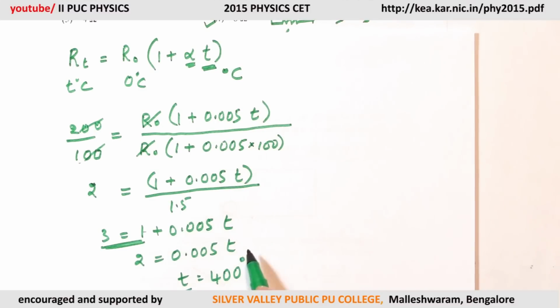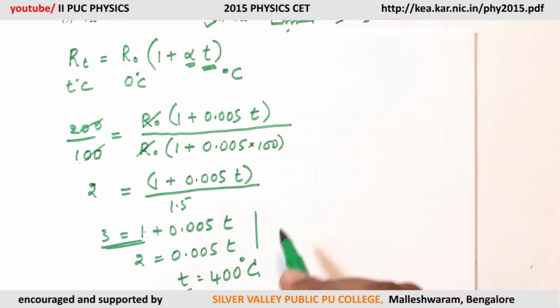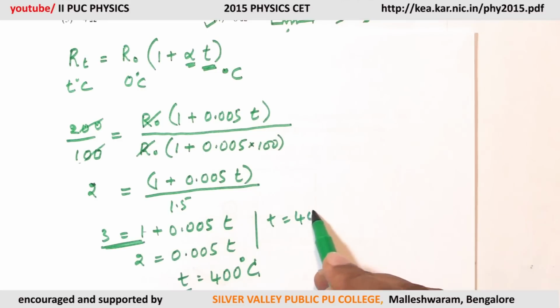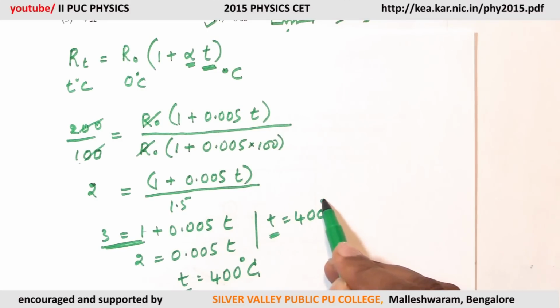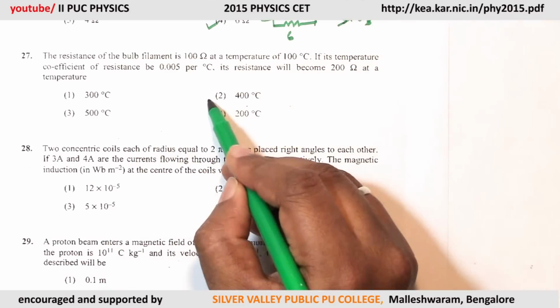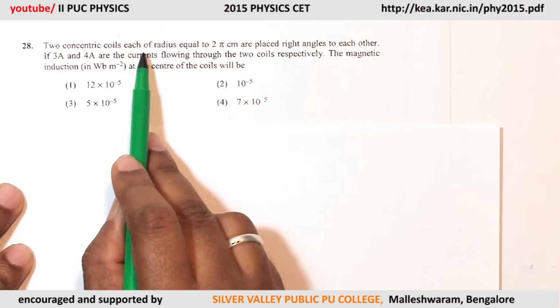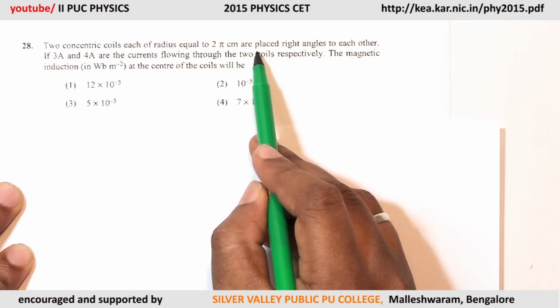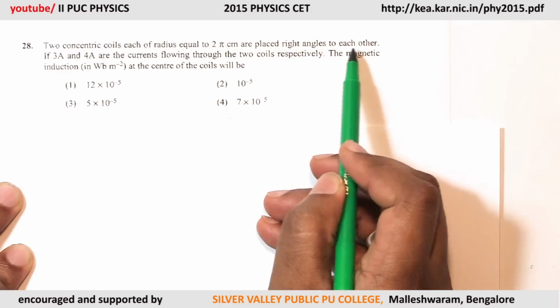Since it is small t, it should be degree Celsius. Two into 10, 2 equal to 0.005 T, therefore T equal to 400 small t degree Celsius. Therefore 400.